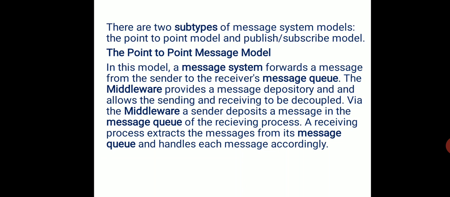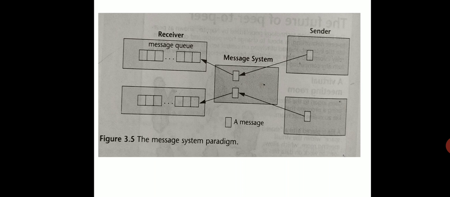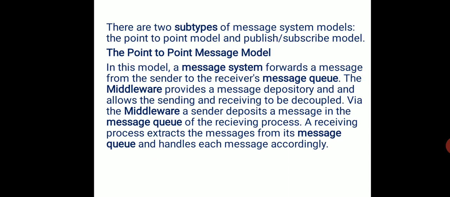In this model, a message system forwards a message from the sender to the receiver's message queue. The receiver has its own message queue, so the message system will pass it to the receiver's message queue.